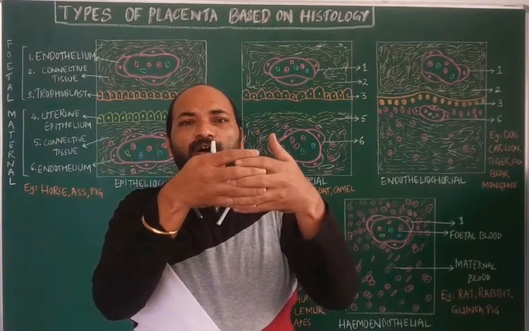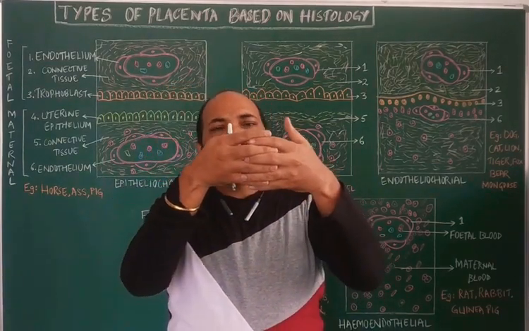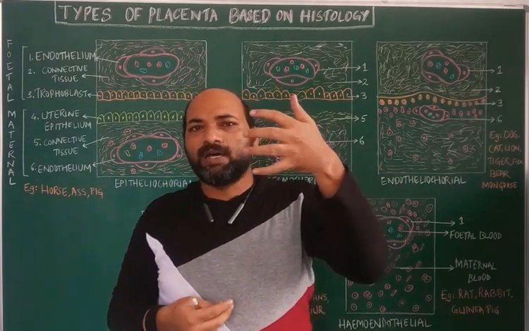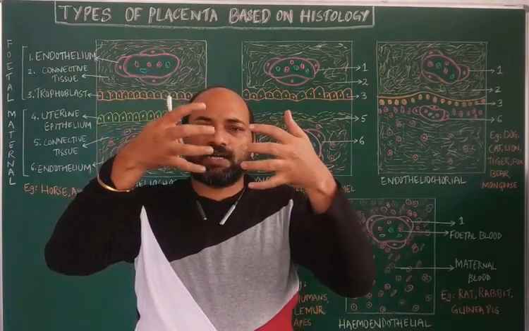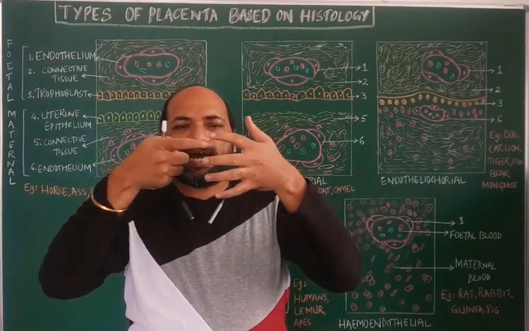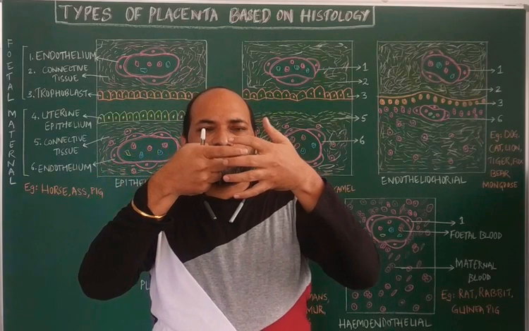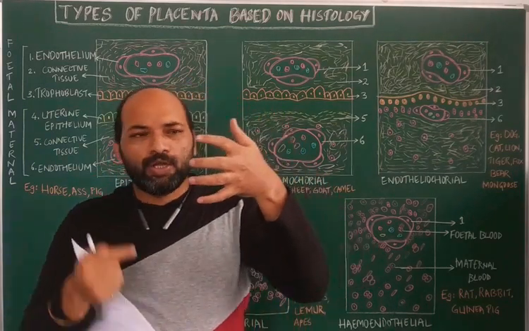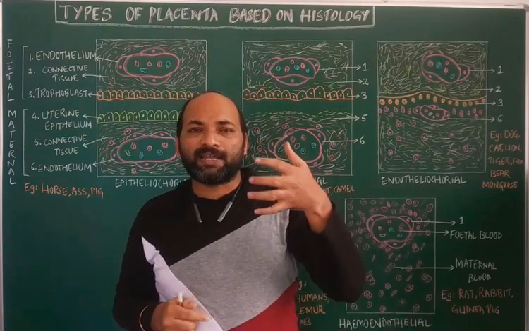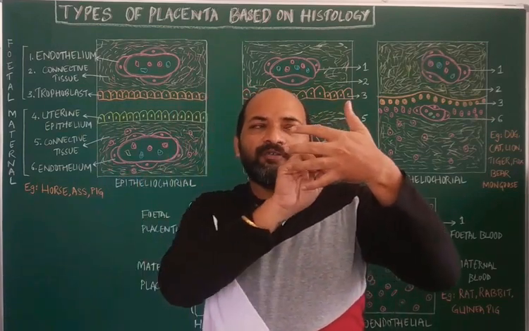For example, if we take these as the fetal blood vessels and these as the maternal blood vessels, in between them there is a space. The space which is present is called the lacunae.